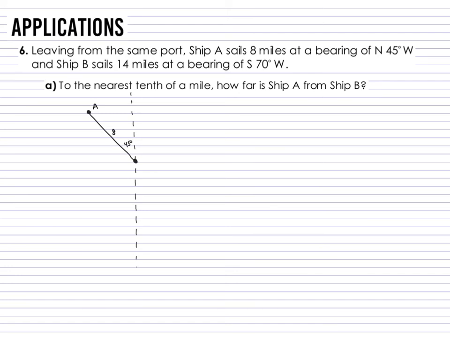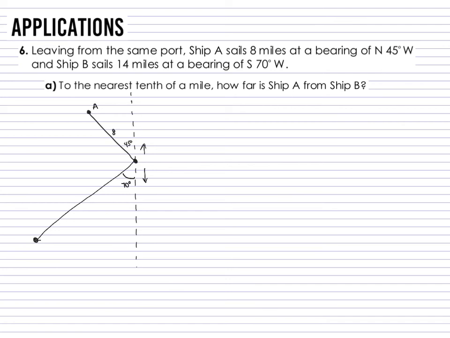Instead of north, now I'm going to go south. And instead of drawing straight south, I have to be 70 degrees away from that. So I'm going to draw my angle this way and say that here is my 70 degrees. It is 70 degrees away from that vertical line showing me due south.